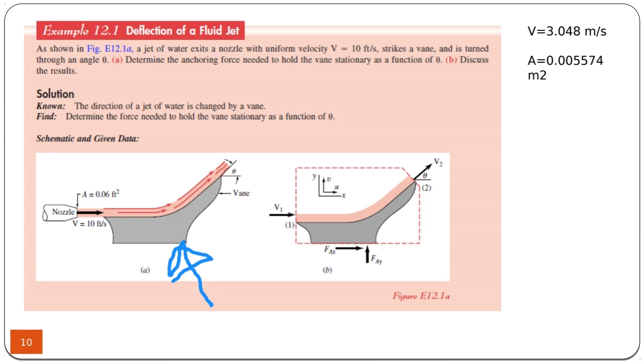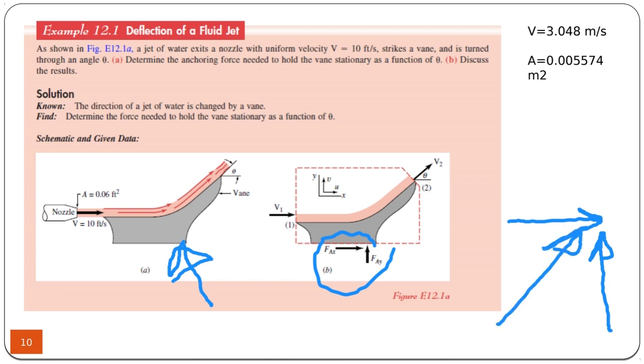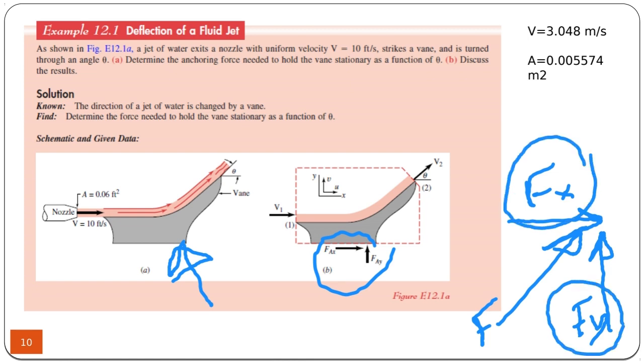So we suppose that the reaction force is applied like this. We don't know anything regarding the direction or magnitude, so we just assume that the reaction force has an x component Fx and y component Fy, and resultant is F. So we are going to calculate the values of F, Fx and Fy, which are necessary to keep the nozzle in place.